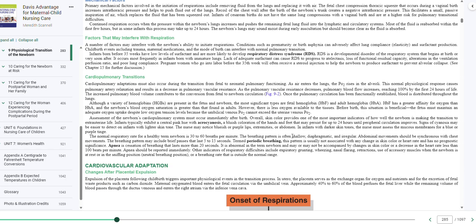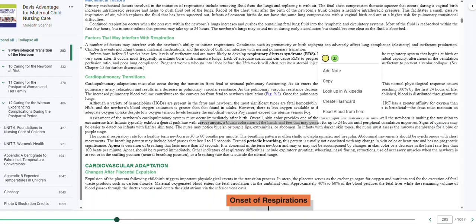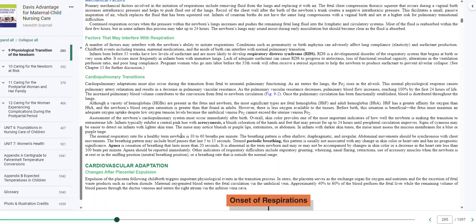Going on down, still on page 285, under cardiopulmonary transitions, we discuss acrocyanosis, and that's the blue color in the hands and feet, but the central body is a pink hue color. That's just a term that you need to know.